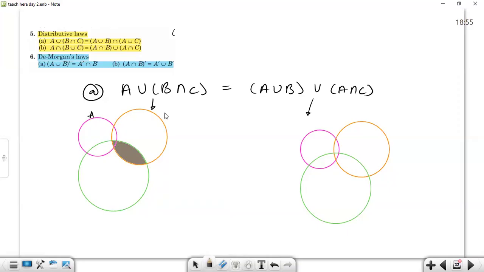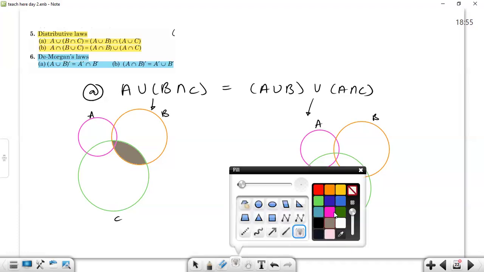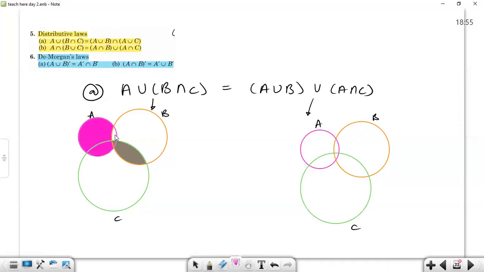Yes, sir. Now after finding this particular set, we have to unify it with set A. Set A is this. Sir, one doubt.